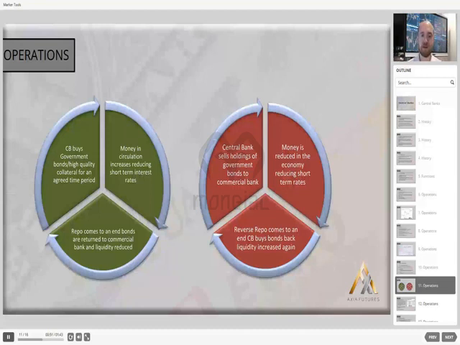The overnight lending between banks is done in order to manage cash flow. For example, say one bank has had a large draw of deposits one day and needs a little bit of funding to make sure that their reserves are topped up, because every bank has to hold a certain amount of reserves. They may borrow overnight from another bank to fill this hole in. Perhaps that other bank has had an excess of deposits flow into it, so they have excess cash that they want to do something with overnight.